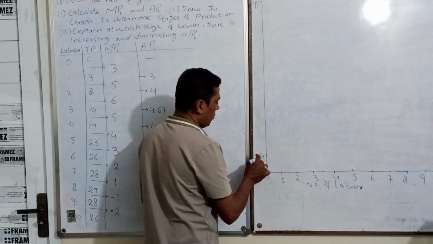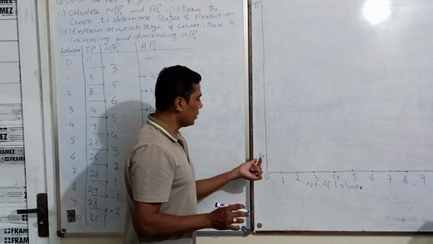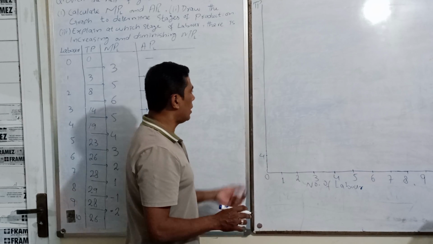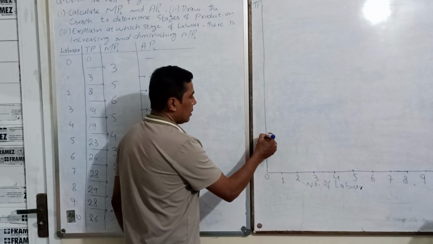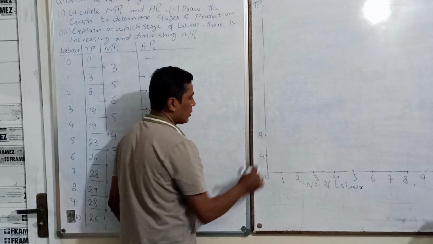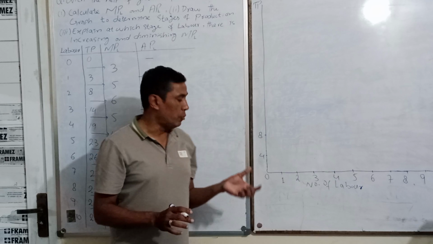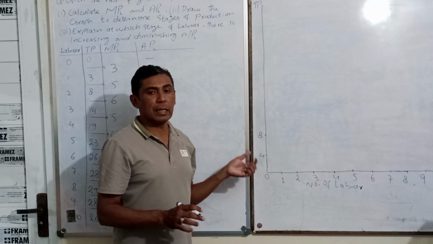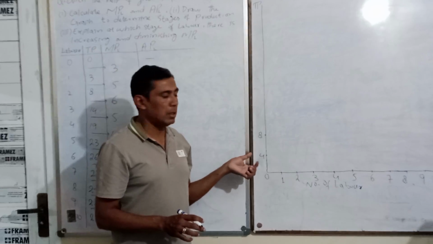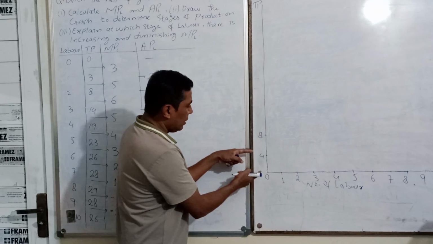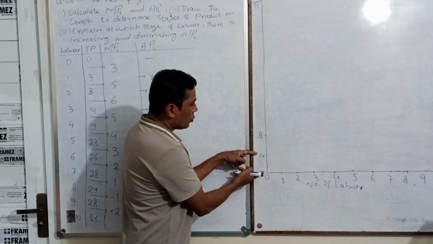Okay, I'm starting from 4 so that all values come within the given space. 4, next is 8. Remember, whenever you are plotting a graph, take equal distance. Let's say I represent this distance as equal to 4.